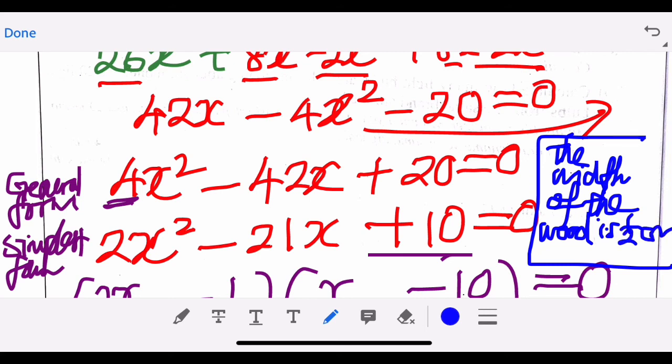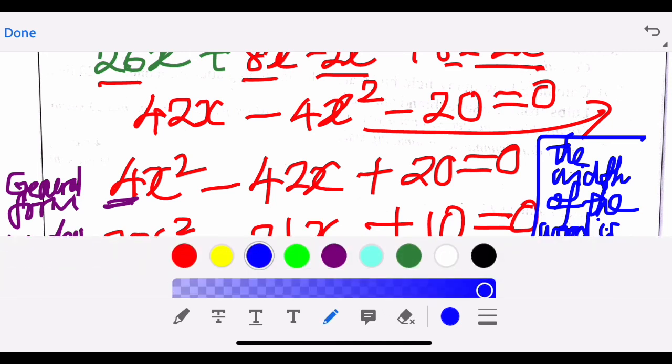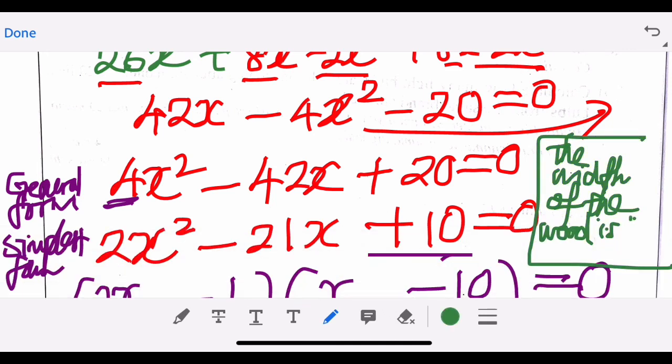You can use 0.5, no problem. That is the answer. Let me write properly. It is 1/2 centimeter. All right, this is the solution.